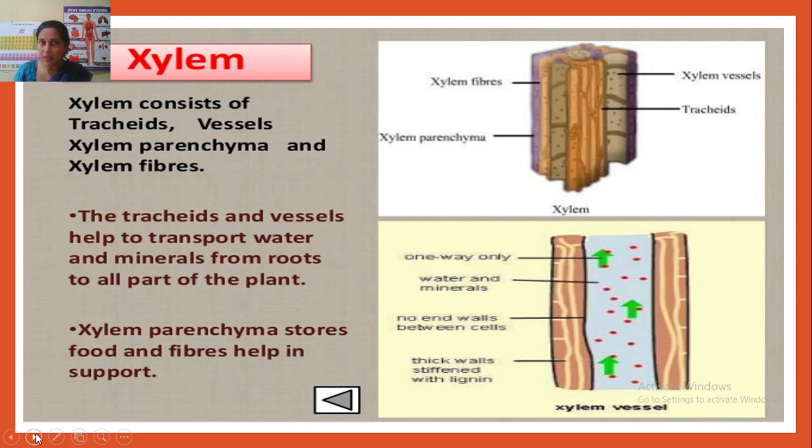The xylem vessels, they are cylindrical in shape, and the cross walls are going to be dissolved, so they are going to form a tube-like structure. In that tube-like structure, the water and the minerals are going to flow. It's going to form a passage to pass the water and minerals throughout the plant.